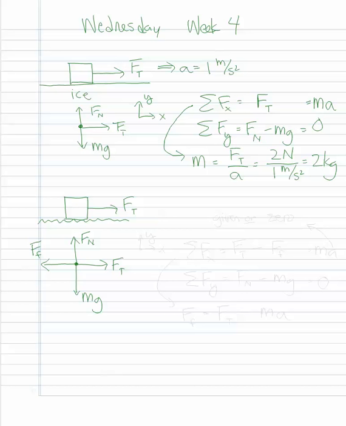So, okay, we do the same thing. We choose axes, x and y, and the sum of the forces in the x direction and the sum of the forces in the y direction, once again, will be ma and 0.